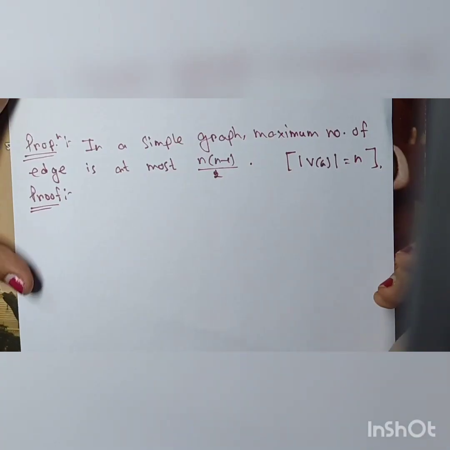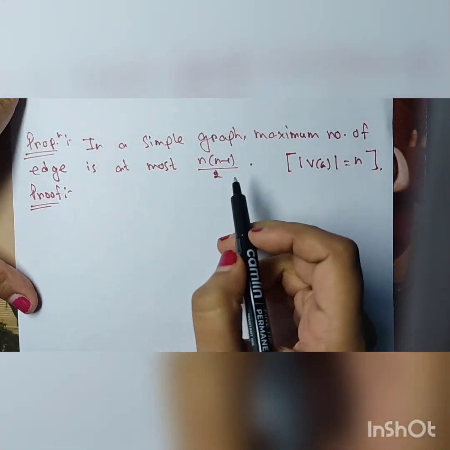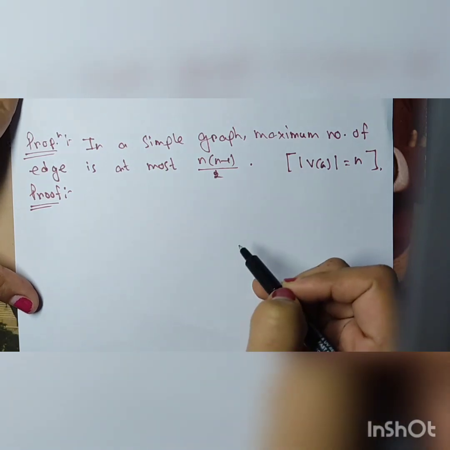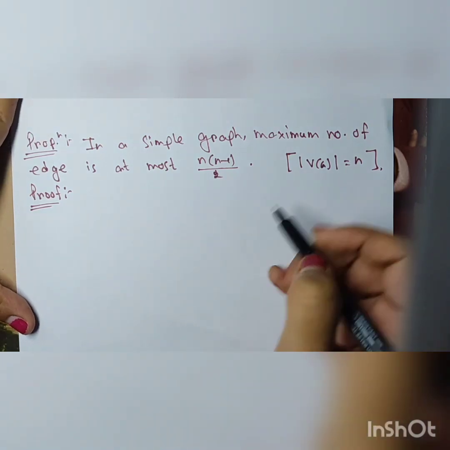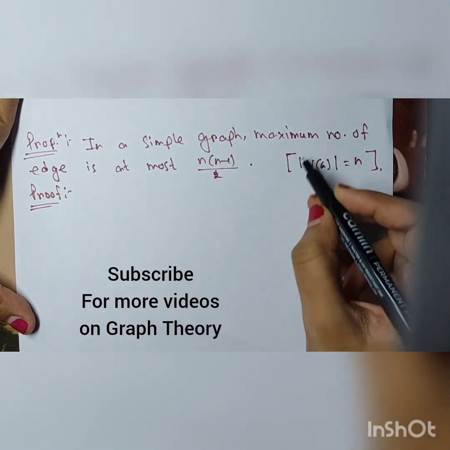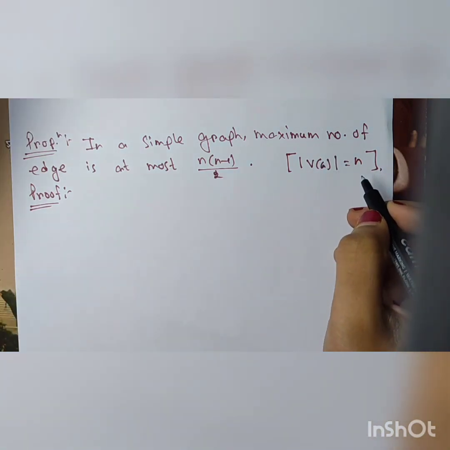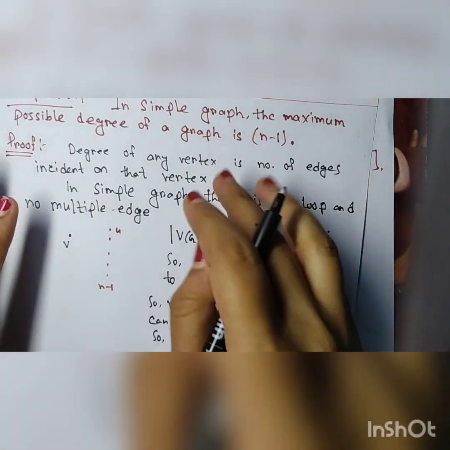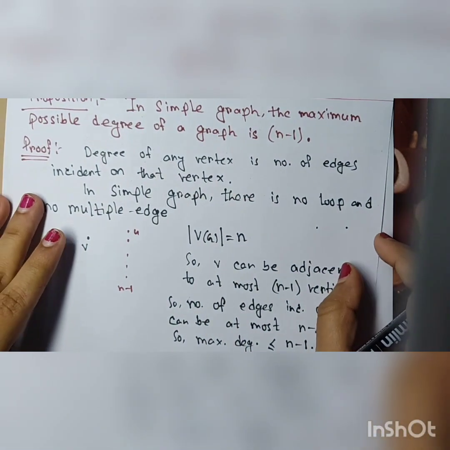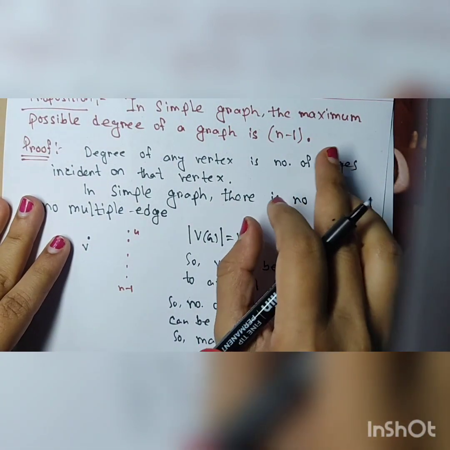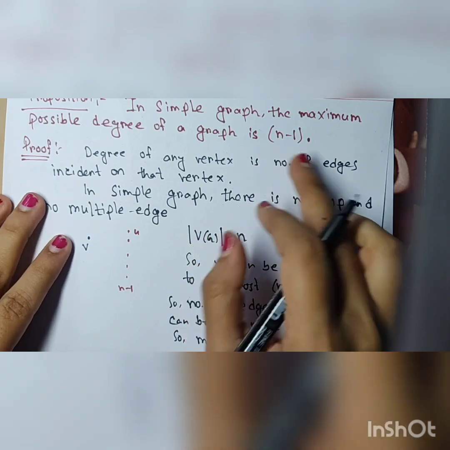Now we will prove another proposition, that in any simple graph the maximum number of edges is at most n into n minus 1 by 2, where n is the cardinality of the vertex set, that is the number of vertices. To prove this we will use the proposition that in any simple graph the maximum possible degree of any vertex is n minus 1.